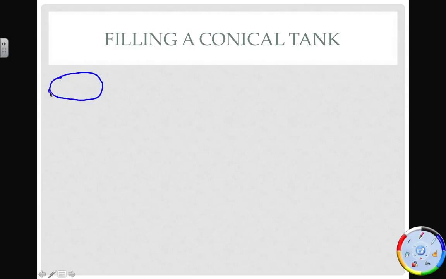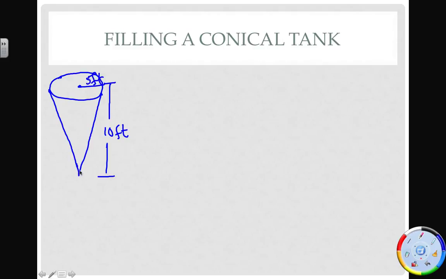So it's a cone. And I don't know how they get it to do it, but it stands like this. Probably some sort of bracing on both sides, obviously. And we know that the height of this tank is 10 feet, and the radius of this tank is 5 feet.